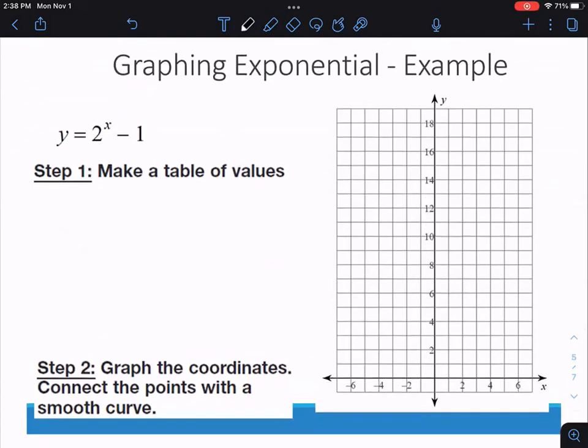So here's another exponential graph that we're going to graph. So again, we're going to start off by making an XY table. And we're going to type those into our calculator.